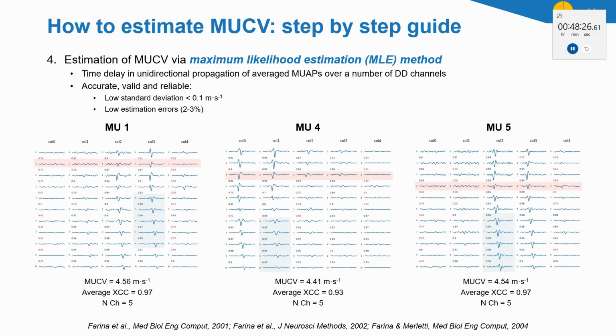The one we have implemented here is the one that is at present the most accurate, reliable, valid, and reproducible, which is the one based on the MLE method, which very briefly estimates the time delay in unidirectional propagation of average motor unit action potentials over a number of double differential channels.